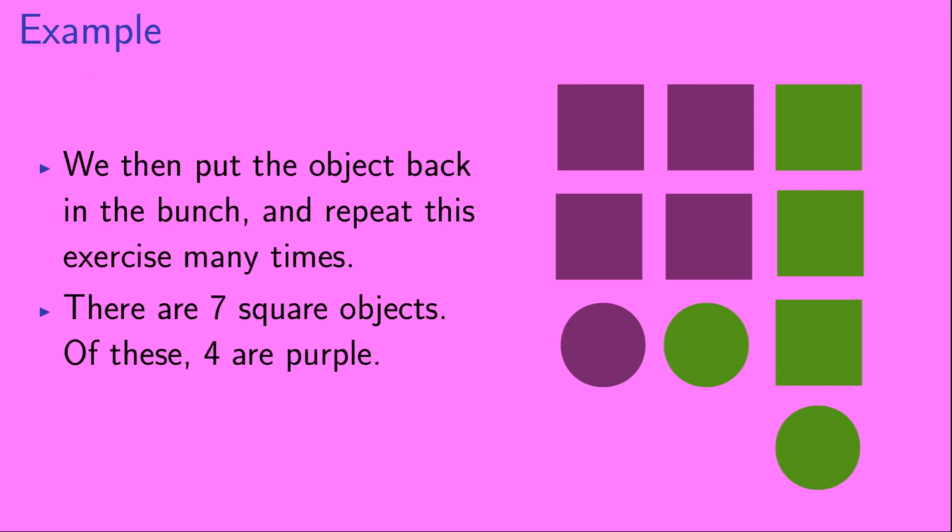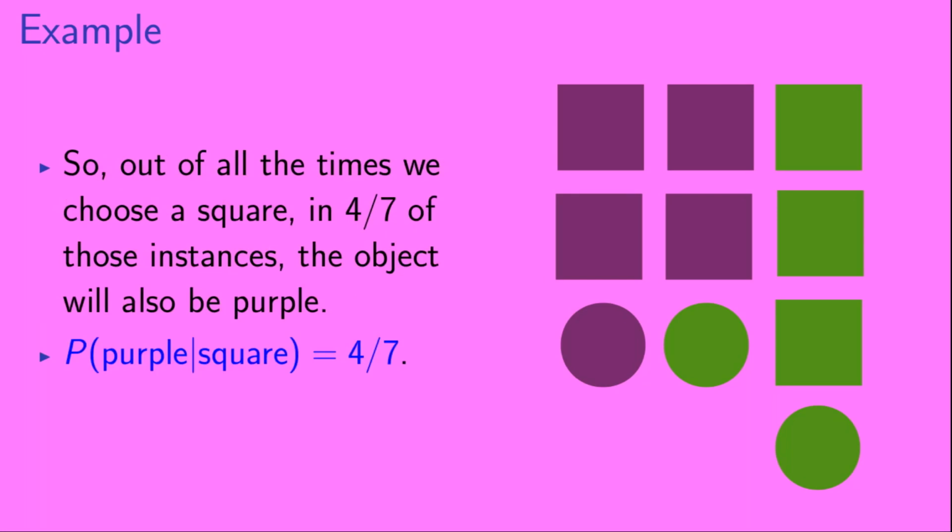We then put the object back in the bunch and repeat this exercise many times. There are 7 square objects. Of these, 4 are purple. So, out of all the times we choose a square, in 4/7 of those instances, the object will also be purple. So P of purple given square equals 4/7.